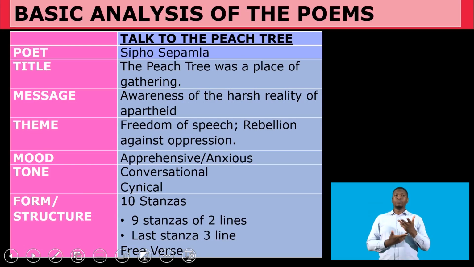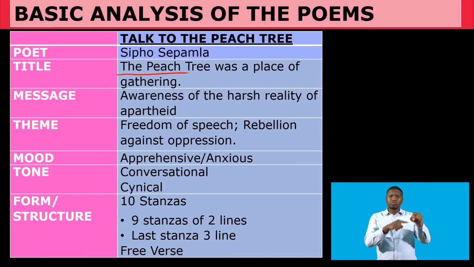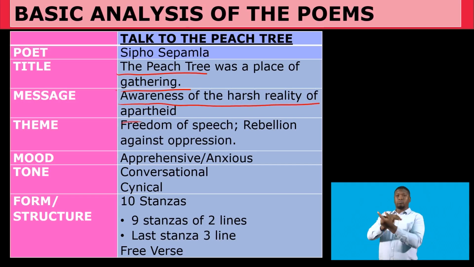Talk to the Peach Tree by Sipho Sepamla. The peach tree was a place of gathering. So this is where all the people would gather together within their various communities. The awareness of the harsh realities of apartheid. So the oppressed people would be discussing apartheid at the peach tree.